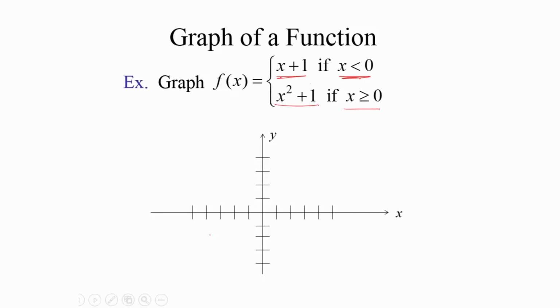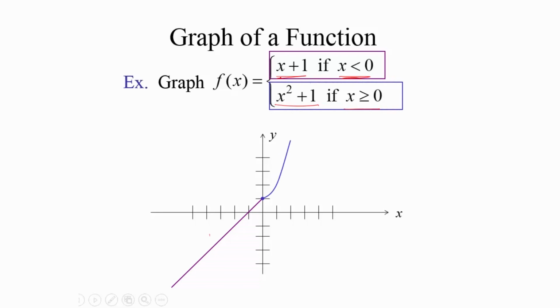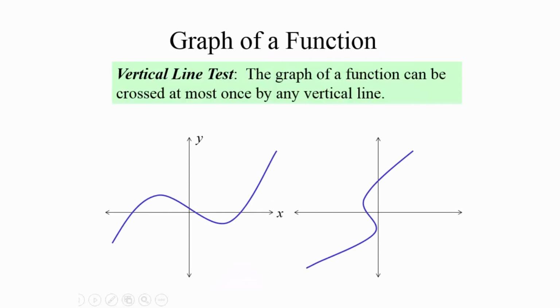So that's what you should expect to see. For x being negative all the way to this point, you see a line, because it is x plus 1, a line. And beyond that, it's going to be a curve. Sometimes a function can have 3 or 4 or 5 pieces, so it would be defined for different values of x. You will have those examples in your book.